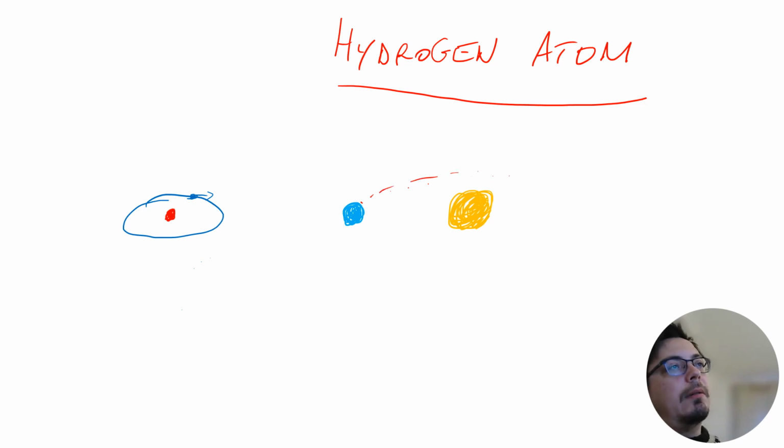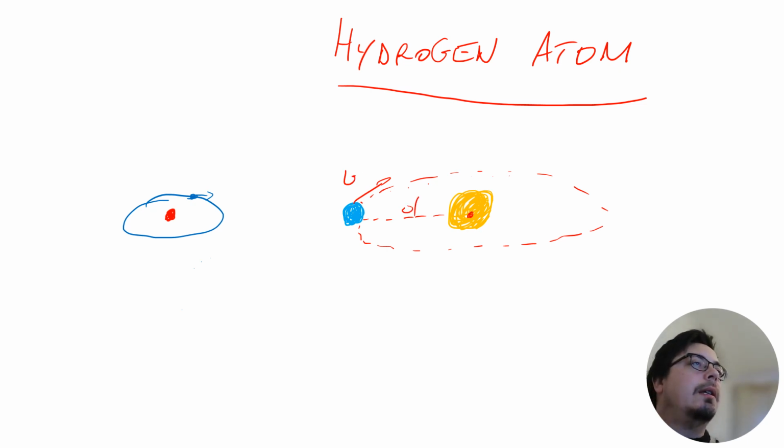Maybe this is the correct direction, I don't know. Okay, and then we have this direction, this point here, and this distance here, velocity and distance. Okay, and the same can go for the electron. You can do the same with the proton and electron if you want, but for the electron and proton we will see that this is not quite true.